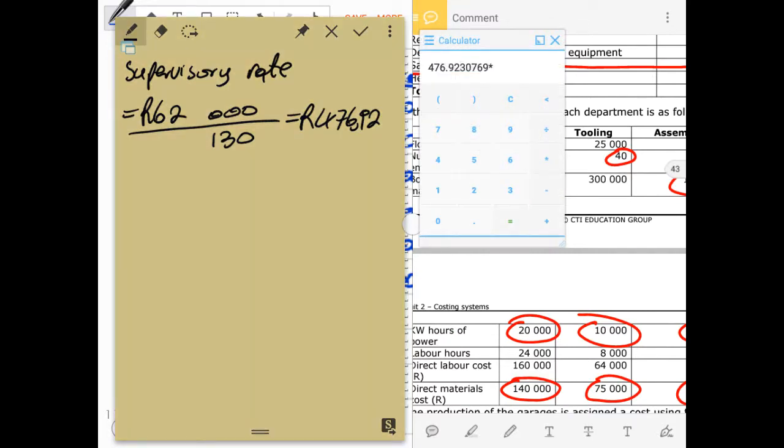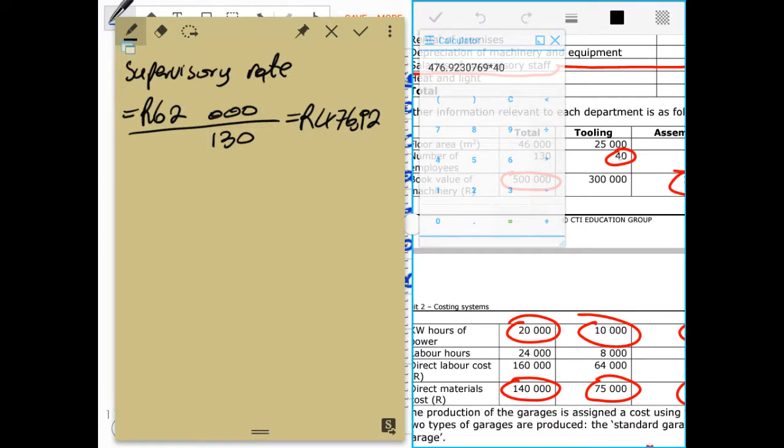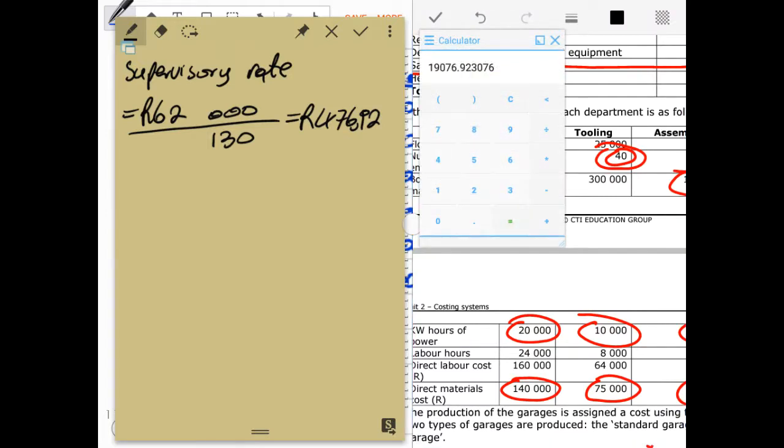Then we multiply by the number of employees that we had in the tooling department, and in the tooling department I mentioned that we have 40 employees. Then multiply that by 40, it gives us 19,076.